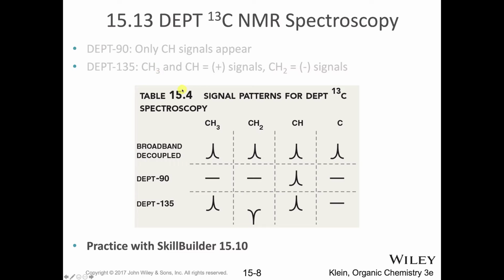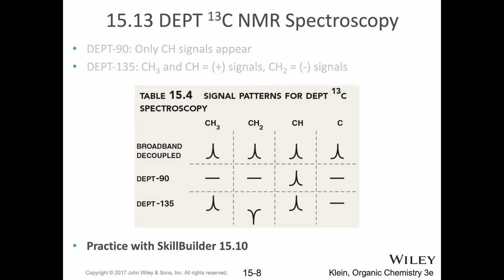And so it sums up like this. In your broadband decoupled spectra, you'll have a bunch of peaks throughout the spectra, but you don't know what they are. You know they're carbons, but you don't know whether they're carbons with 3 hydrogens, 2 hydrogens, 1 hydrogen, or whether they're carbons that have no hydrogens on them.